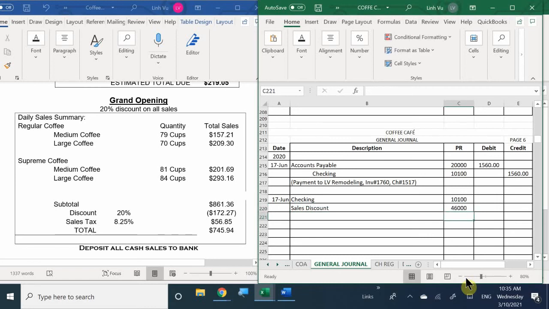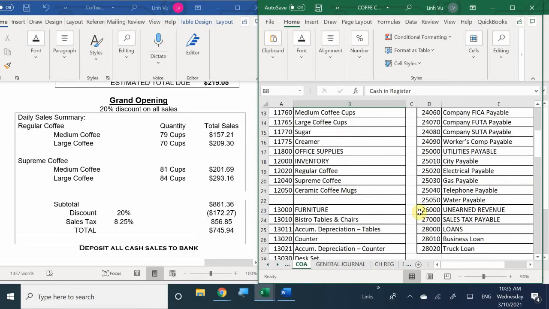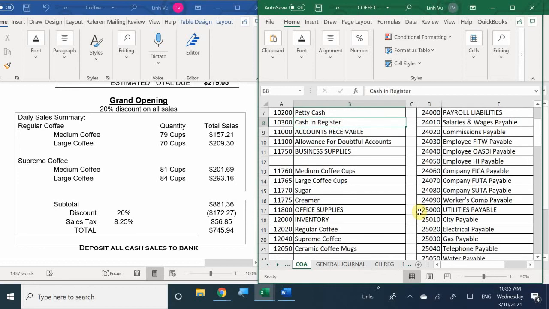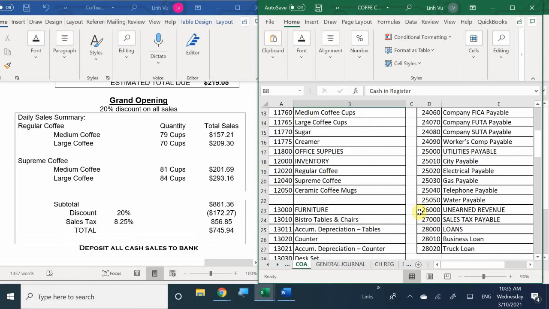We also have to include sales tax, but where are we going to put the sales tax? Let's check your chart of accounts. Do you see sales tax anywhere? What is sales tax considered? Liability.